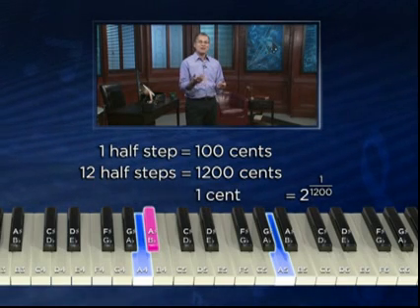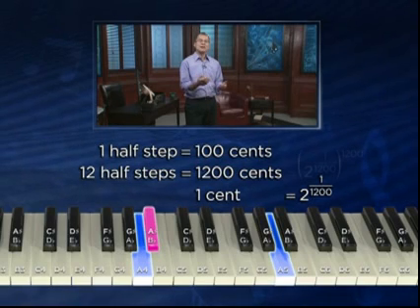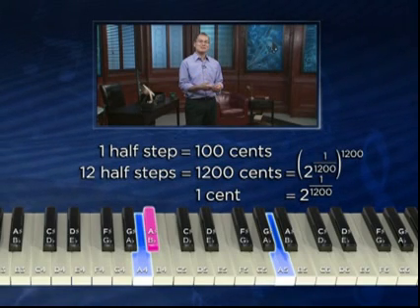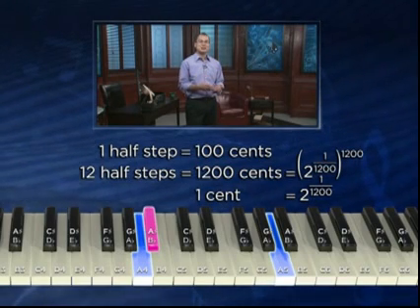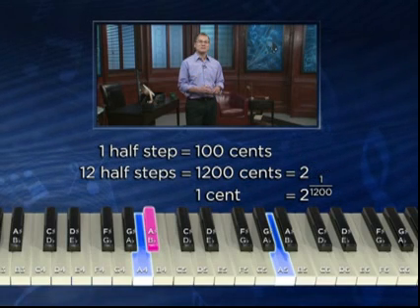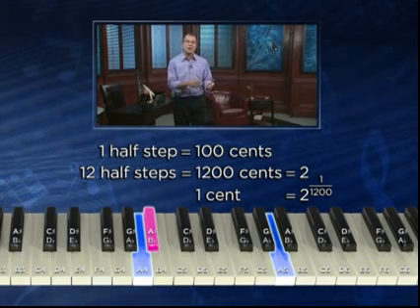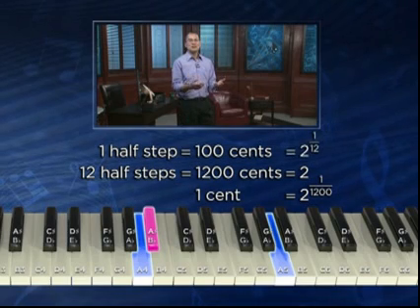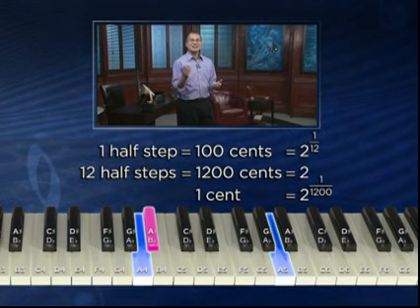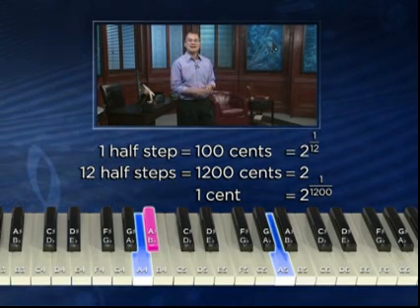And if we do that, then when we go up 1,200 cents, we're multiplying that number times itself 1,200 times. The 1,200s cancel, and we just get 2. We just get an octave. And if you think about it this way, 100 cents is then going to be 2 to the 1/12th power, and that's going to be a half step. And we'll see that number again in a bit.